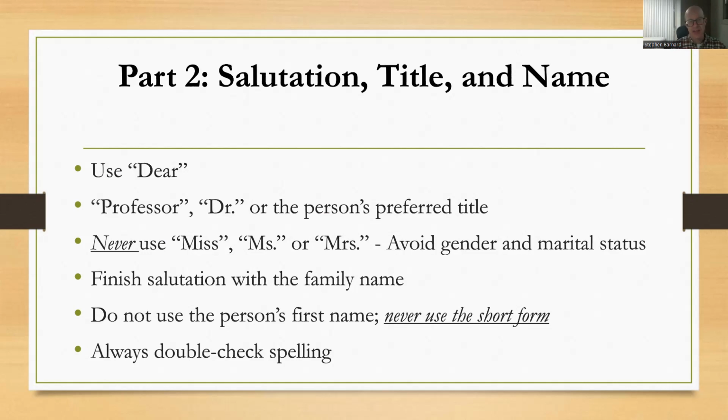And then finish the salutation with the family name. Don't use the person's first name and absolutely never use the short form of the name. It's also a very good idea to double check the spelling to make sure that you've spelled the professor's name correctly. Trust me, nothing is more annoying for a professor than to have their name misspelled.